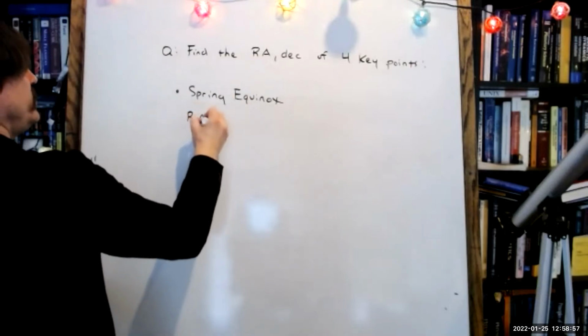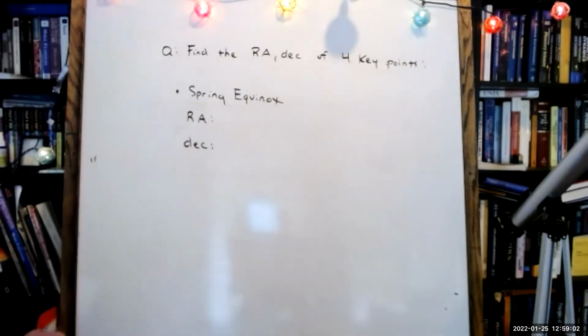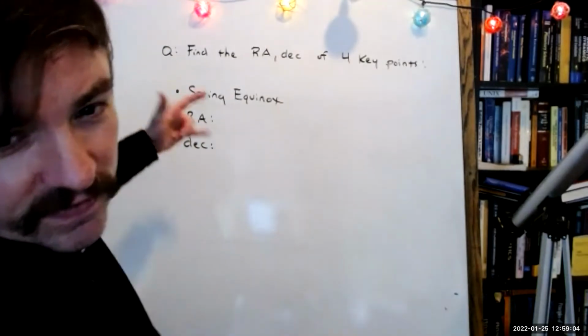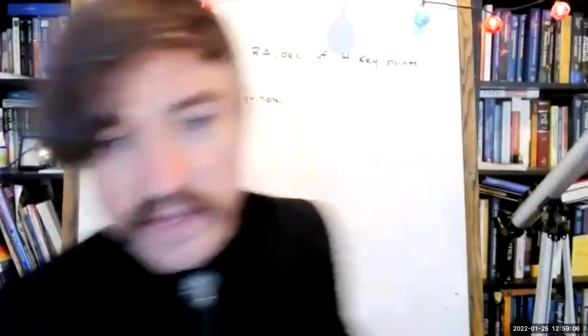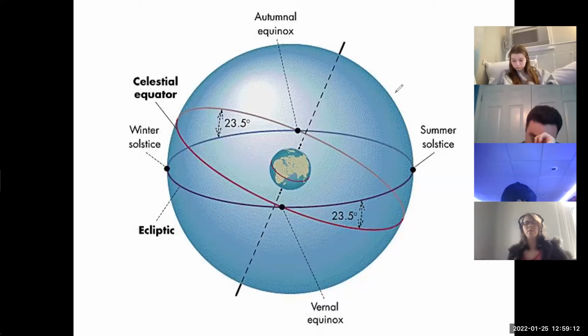We need a right ascension and we need a declination. People usually label the coordinates RA first and declination second. Does anyone want to be a brave soul and see if they can give me both, or you could try to give me one of those coordinates. So I'm looking for this point right here. What's the right ascension and declination of that point?